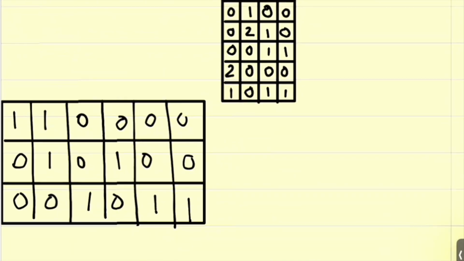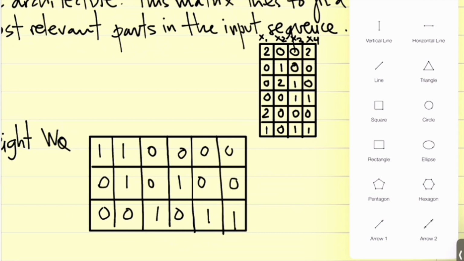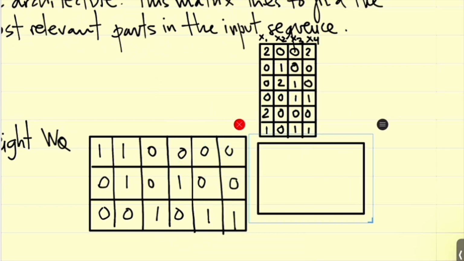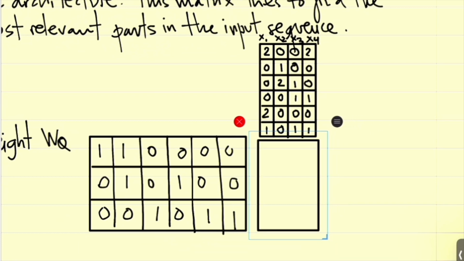We have some inputs. So here, what do we do? We perform a multiplication. Okay. What we're going to get is a matrix, 3 by 4.